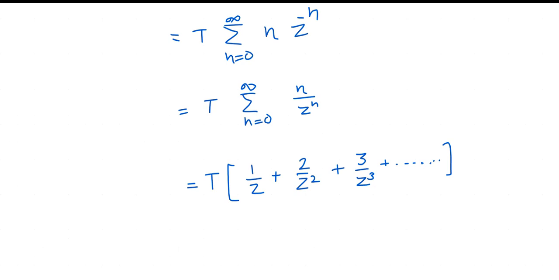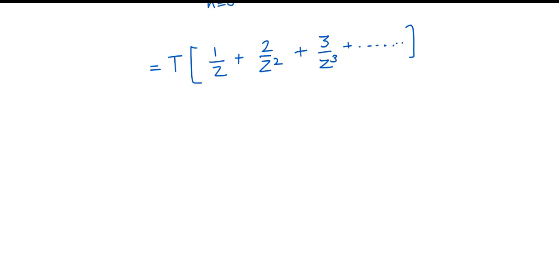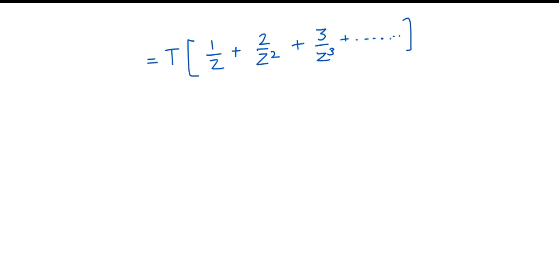Yes, we have here the expansion of this. So in each term, we have 1 upon z common here. So further we have 1 plus 2 upon z plus 3 upon z square plus up to so on.